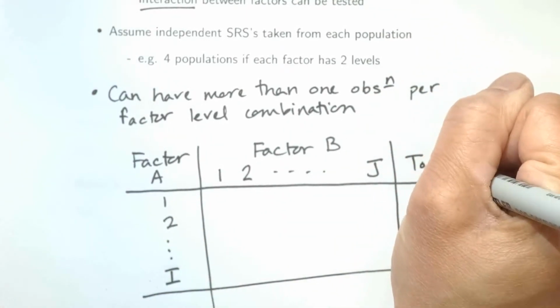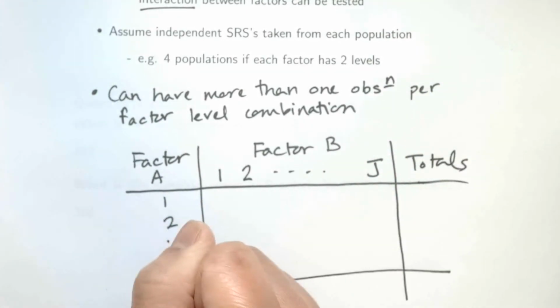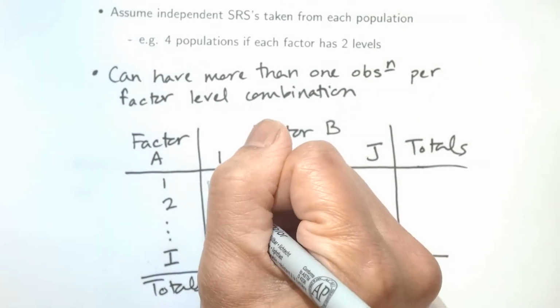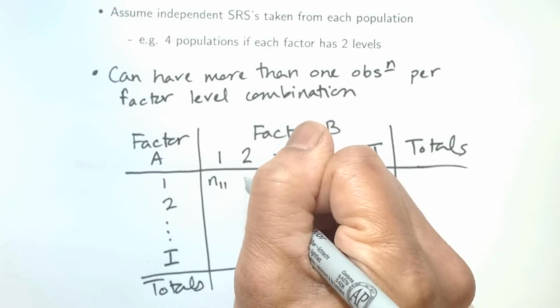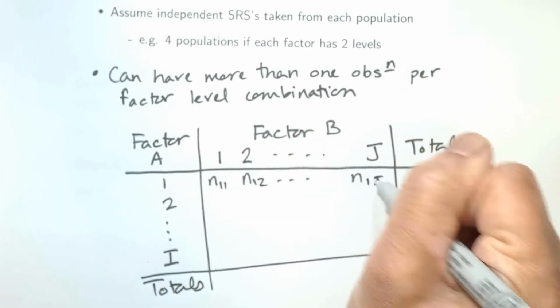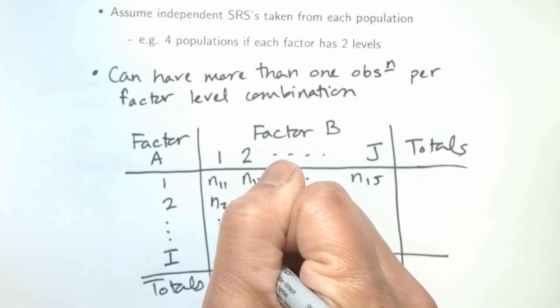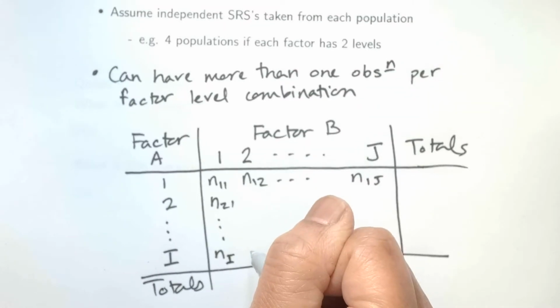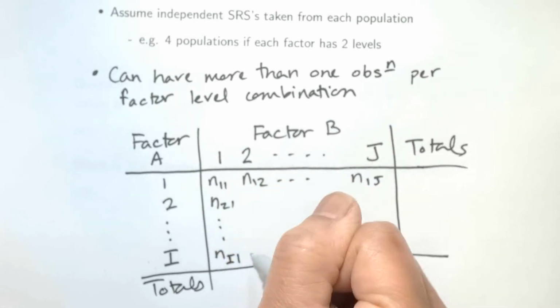And then we can look at the totals. So inside, we would have N11, N12, up to N1J, N21, all the way down to NI1.